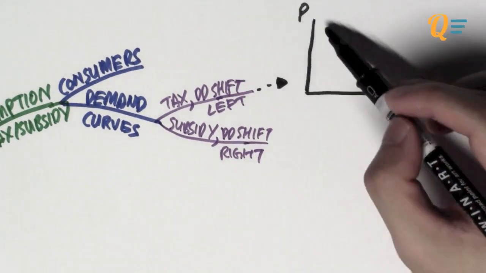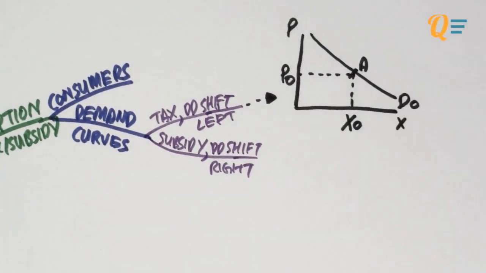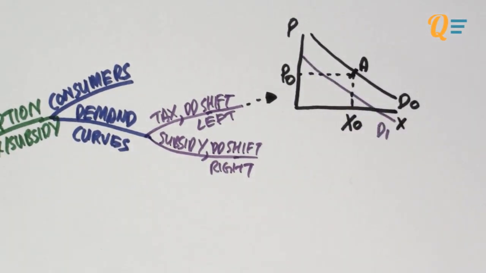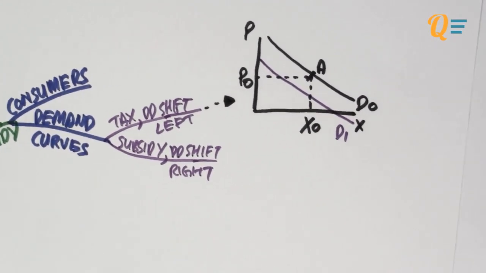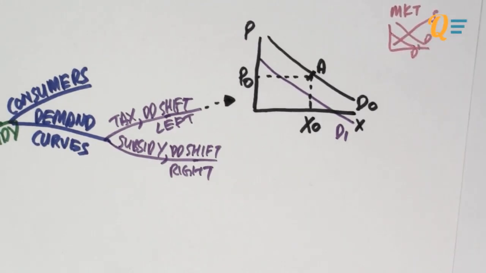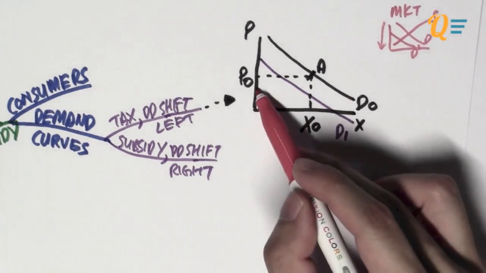Okay, consider a normal demand curve that looks like this. And let's say there is a tax on the consumer, so obviously the demand is going to shift to the left. So the new demand is now D1. So what you want to do next is, when the demand curve shifts to the left and the demand falls, what happens in the market? Well, obviously the price level is going to fall.